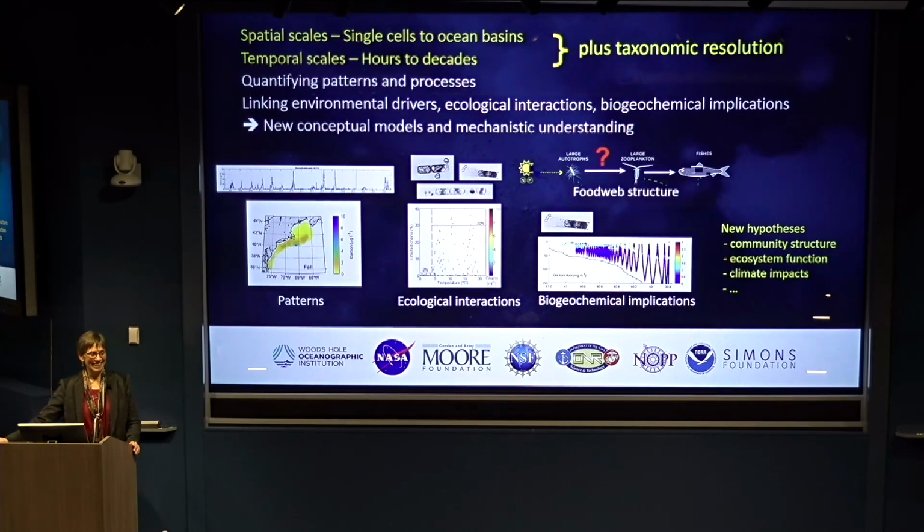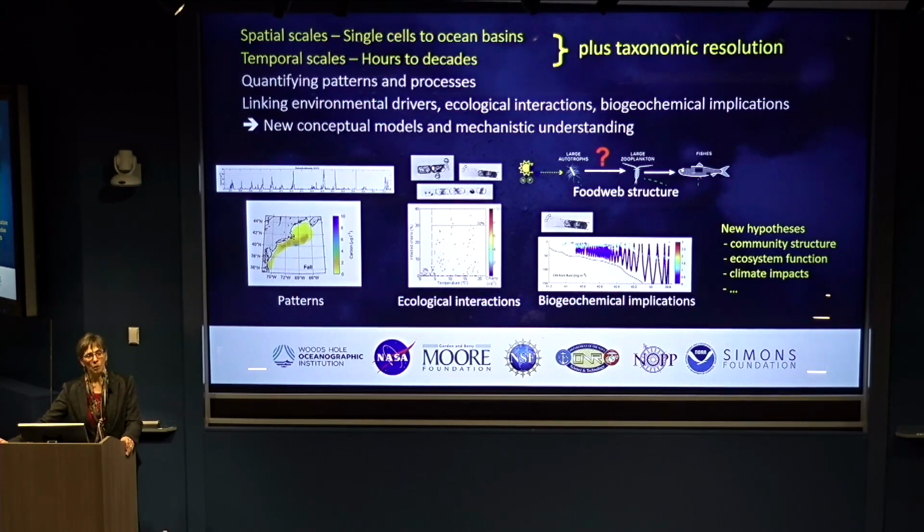Okay, so my second question: all of this refers to basically unicellular life. Is there some kind of a knowledge base like this for viruses in the ocean, and maybe even for things like prions or something like that? Yeah, I don't know about prions. For sure, viruses are important in the ocean, and they're not something my research group is working on directly, but they're equally important to parasitism and other kinds of interactions.